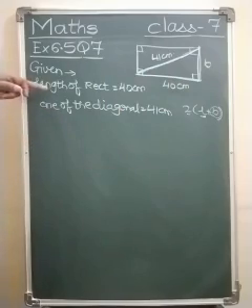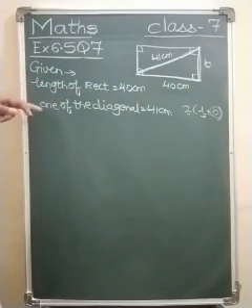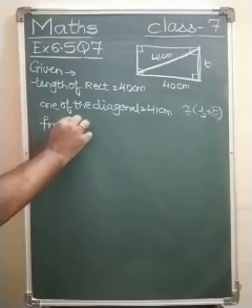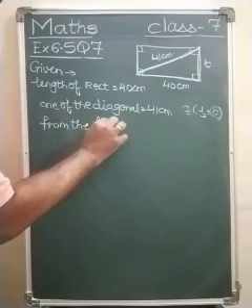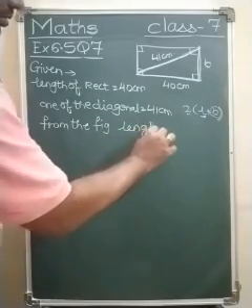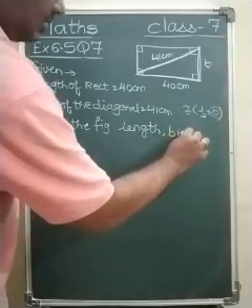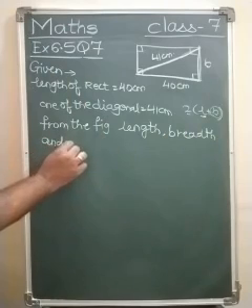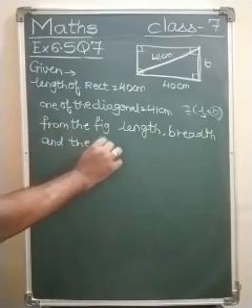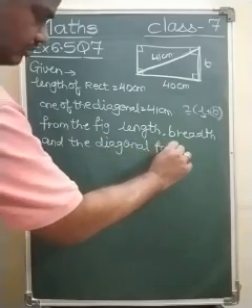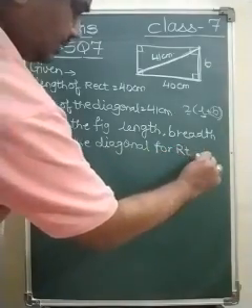So here we have written that length of rectangle equals 40 centimeters. One of the diagonals is 41 centimeters. Now you can see from the figure, length, breadth and diagonal form a right triangle.